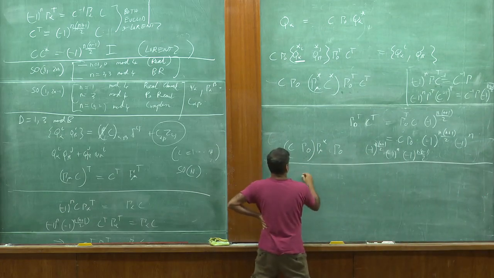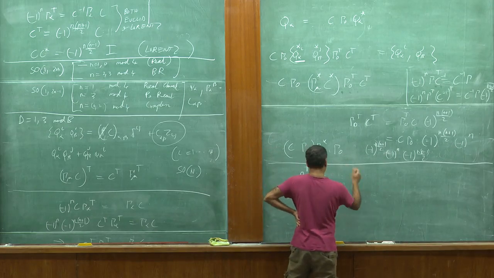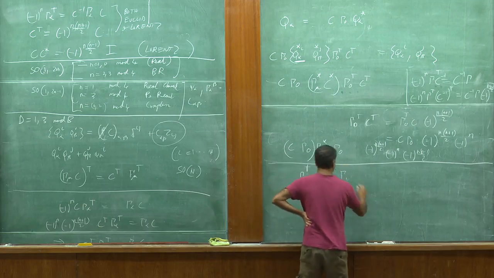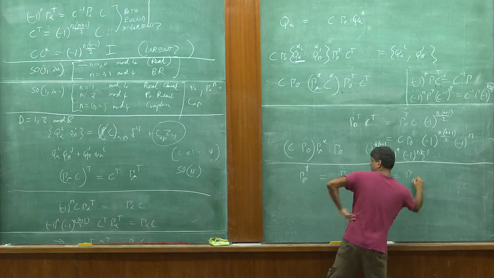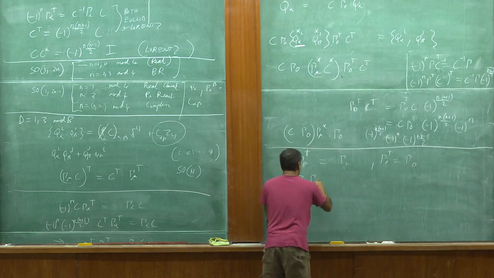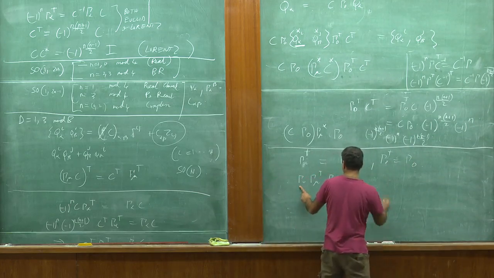We had that gamma I dagger was equal to gamma I, and gamma 0 dagger was equal to gamma 0. Therefore, we had gamma 0 gamma mu dagger gamma 0 was equal to gamma mu.